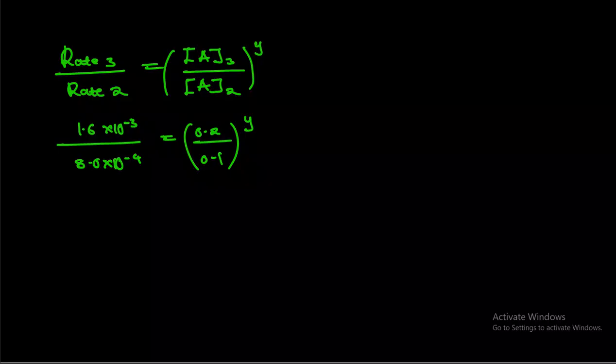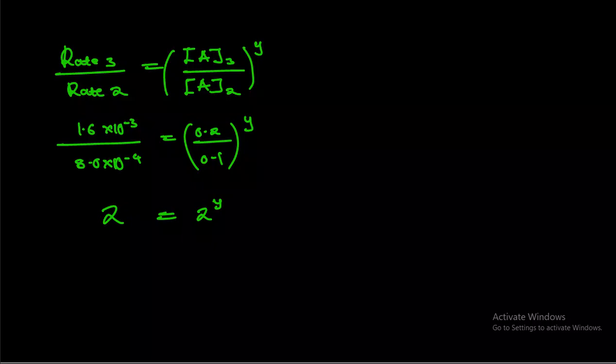So when we say 1.6 times 10 to the power negative 3 over 8.0 times 10 to the power negative 4, this is giving me 2. Then here we have 2 to the power y.